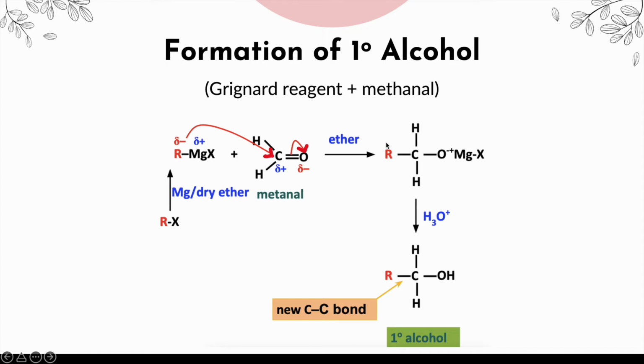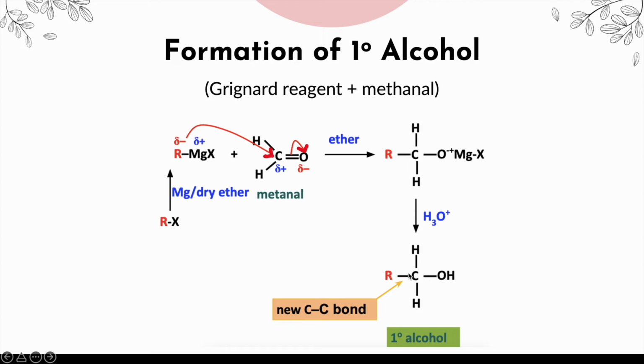Okay, and then after that you react with acidified water, then this MgX will be replaced with the hydrogen of the acidified water over here. So this is primary alcohol because this carbon is attached to one alkyl group only. So this carbon attached to one alkyl group means this is a primary carbon.